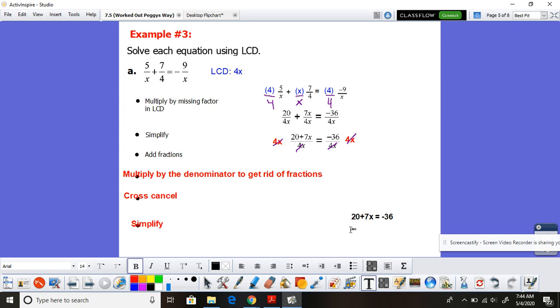Okay, and then if I add 20 on both sides... Oh, I want to subtract 20. Sorry, guys.